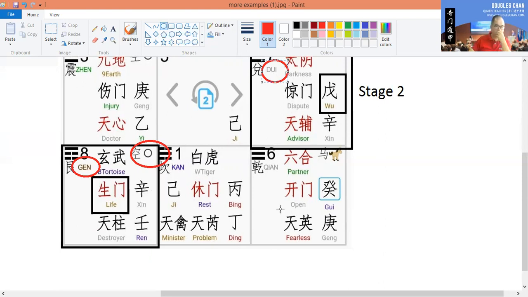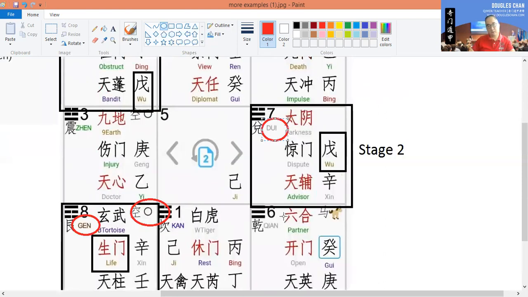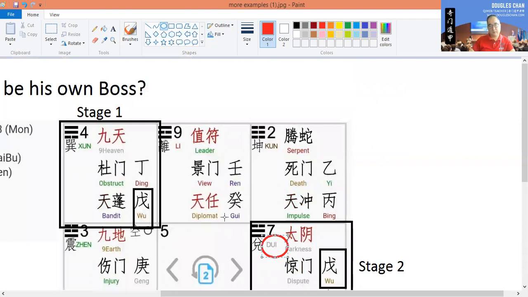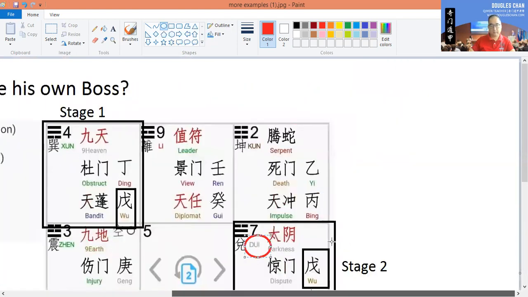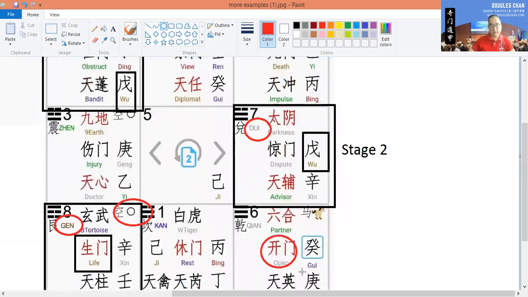So to sum up, is he really suitable to be his own boss? I would say, given a choice, he still can do. It's not the best choice, because if you look at something else, which is the career box, let us zoom in further. This is the career box.